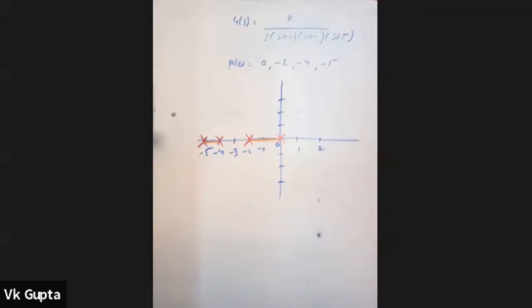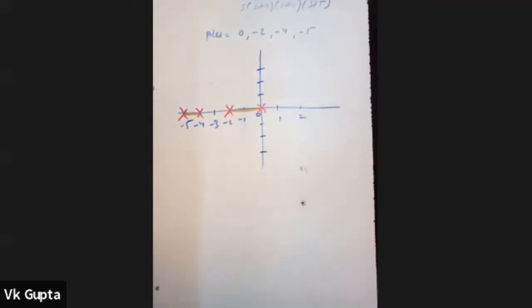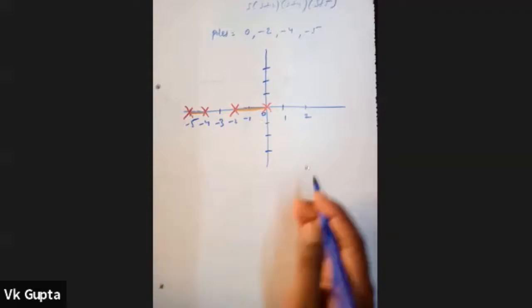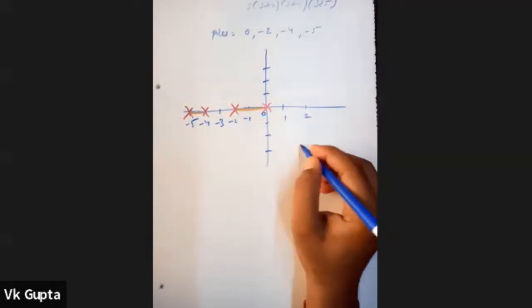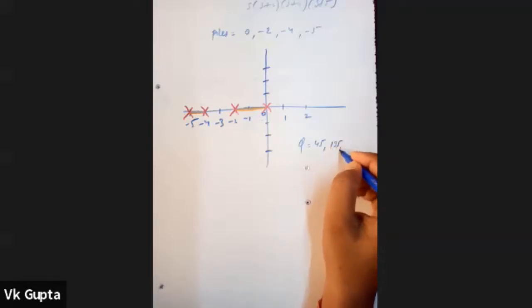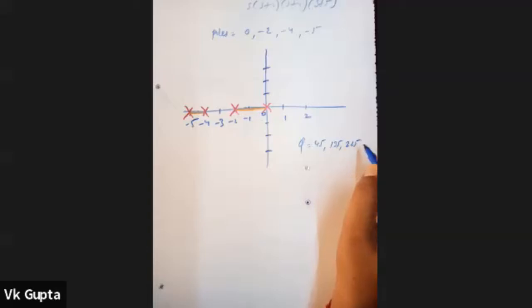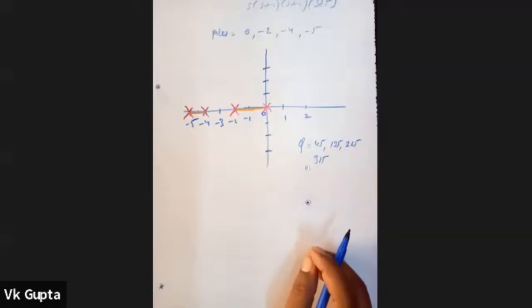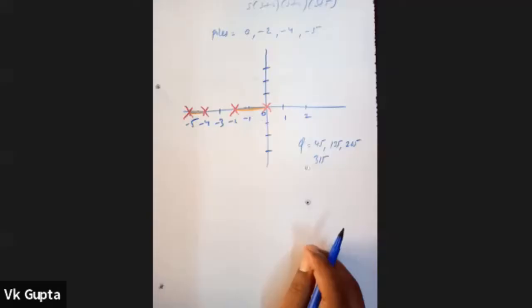We get phi equal to 45, 135, 225 and 315. So we got 4 asymptotes.